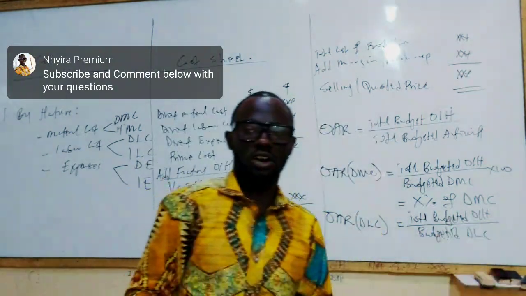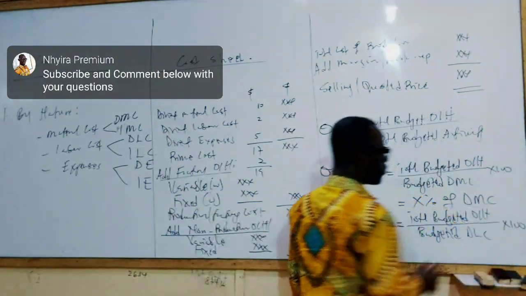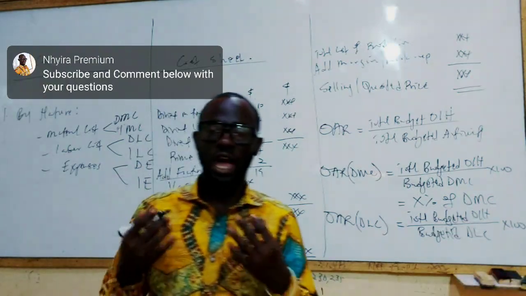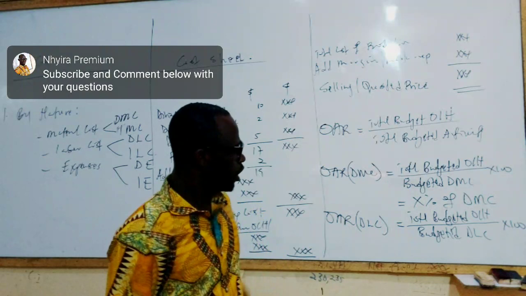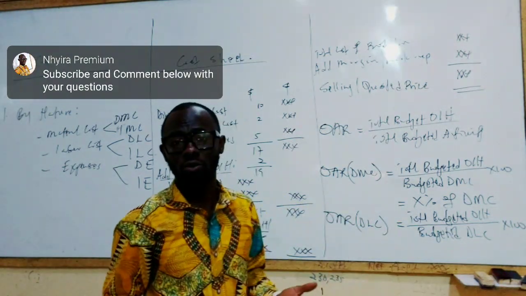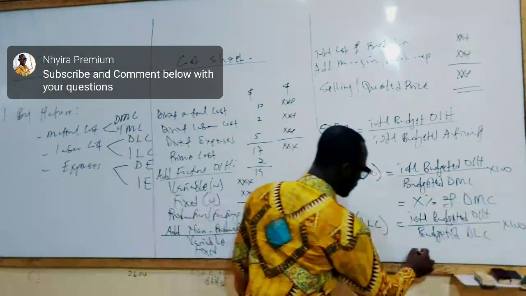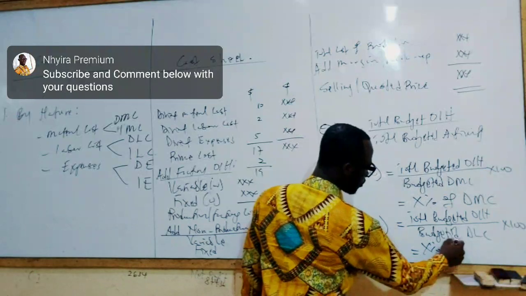Now, anytime it is a cost, we express it in percentages. So times what? 100. So this time around, we are absorbing the overheads using what? The direct labor cost. So if we are absorbing the overheads using the direct labor cost, how do we go about it then? It means our final answer is going to be X percent of what?